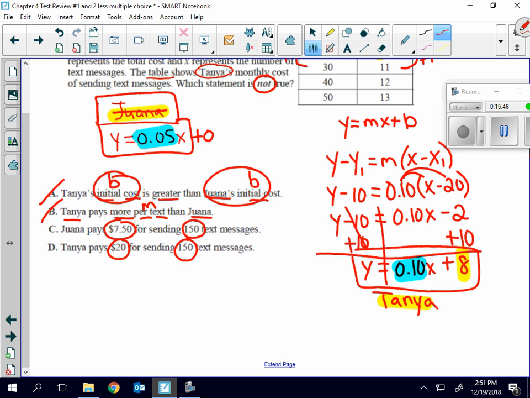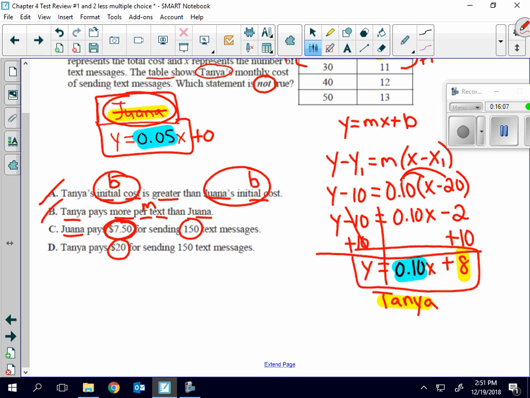Let's look at C. All right, for Juana. We're looking at Juana. Okay, that's up here. Does she pay $7.50 when she sends 150 text messages? Okay, so we actually want to plug in the 150 to see if we get out $7.50.